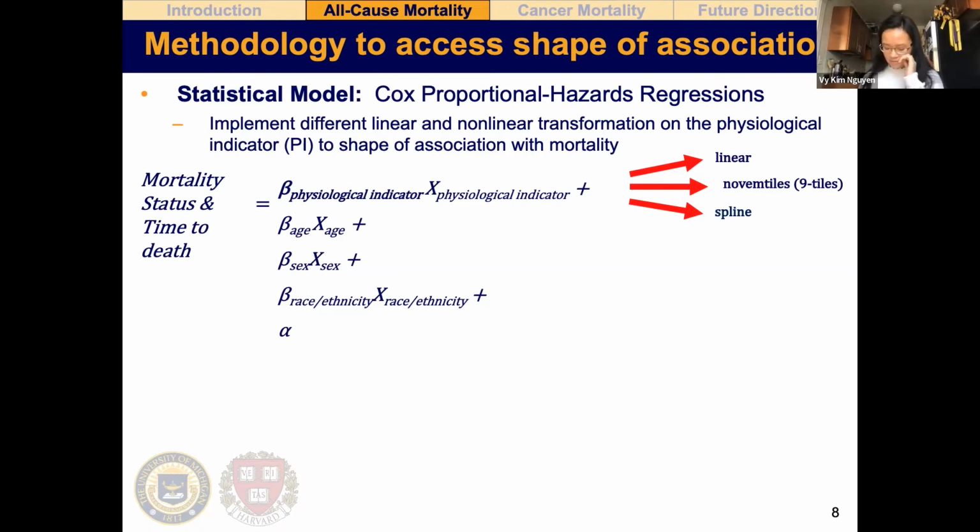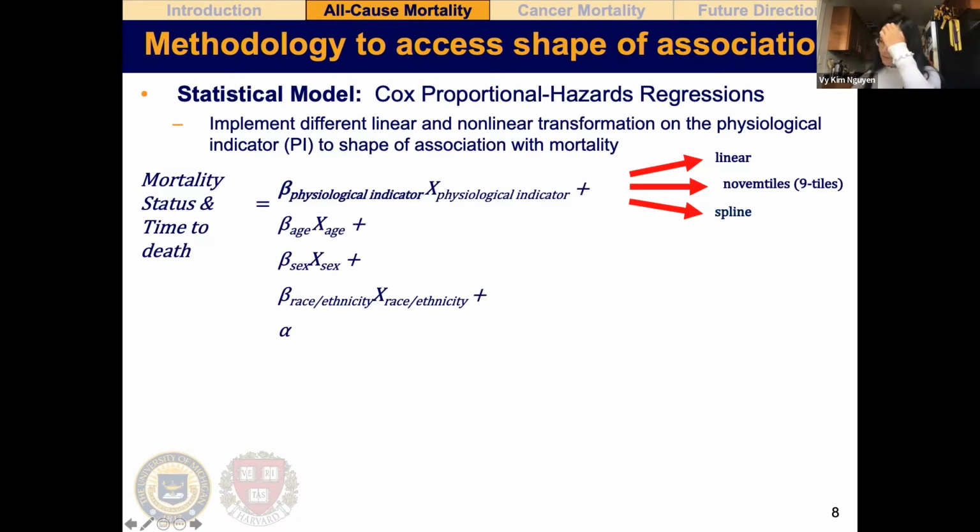This is a more canonical methodology: when you want to study nonlinear association, you break up the distribution of your exposure, here physiological indicators, and transform it into a categorical variable.